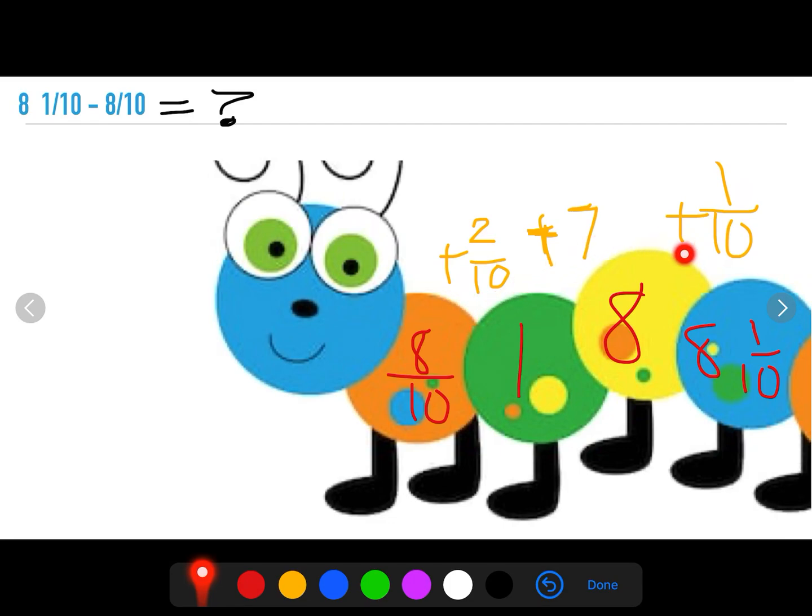So now you guys, let's focus on the top of my centipede's body. We already know that now it's time to take every single fraction and whole number from the top and add them together. We're doing this because we're trying to figure out what is the difference. So 2/10 plus 7 wholes plus 1/10.